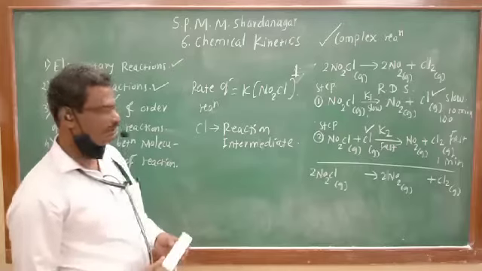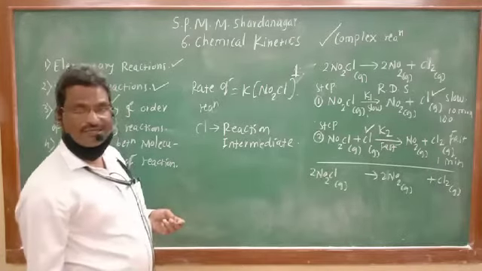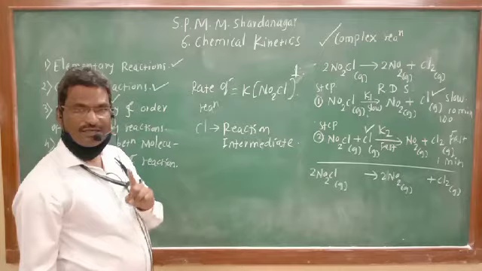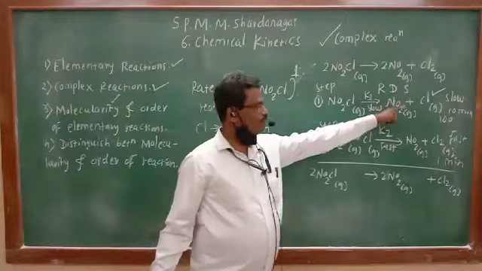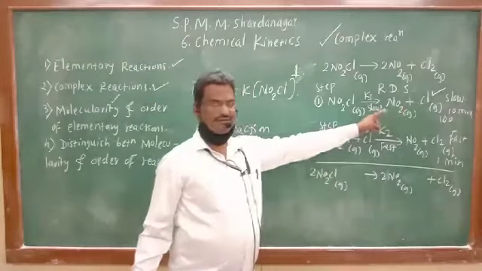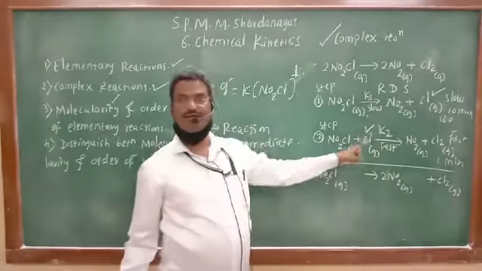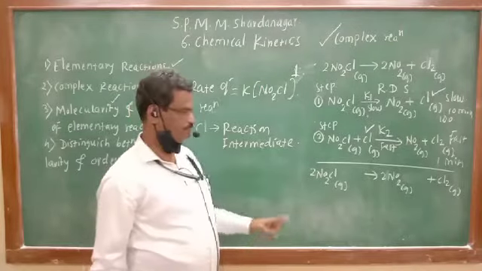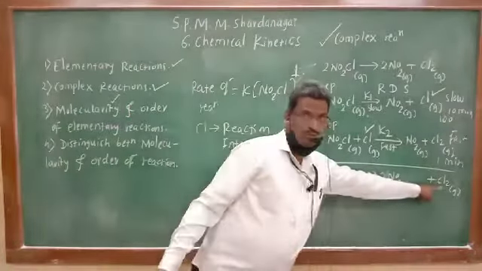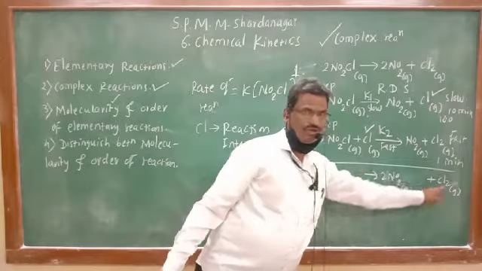Cl is known as reaction intermediate because it appears as a product in the first reaction and as a reactant in the second reaction. That is not the net product. Net product is Cl2. It is not Cl.